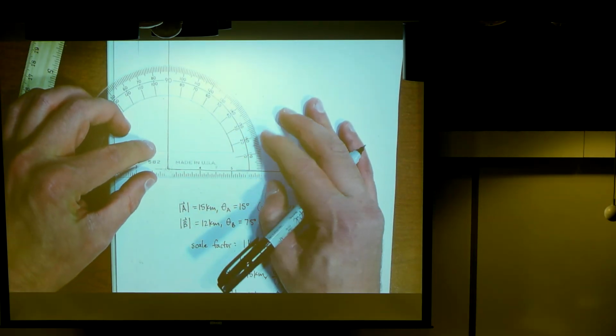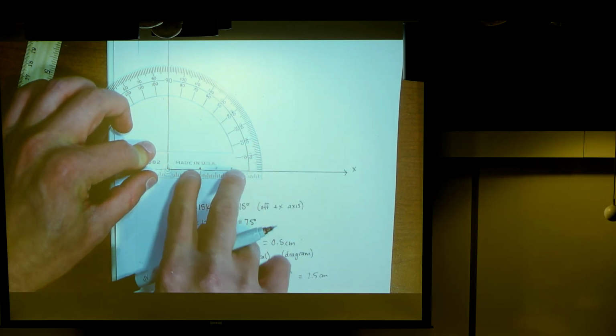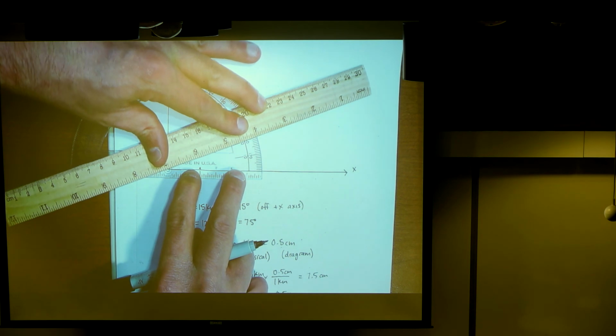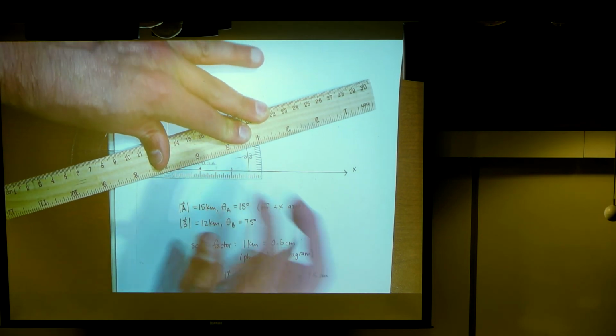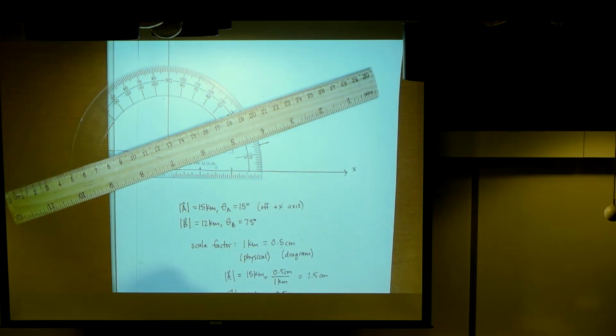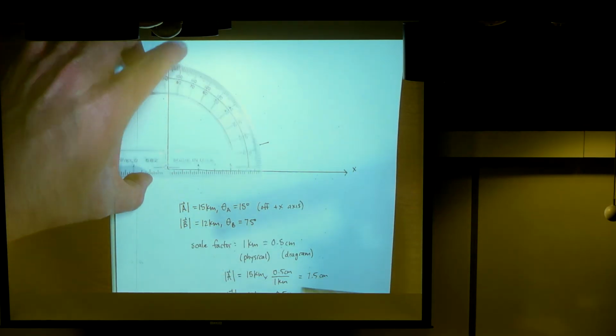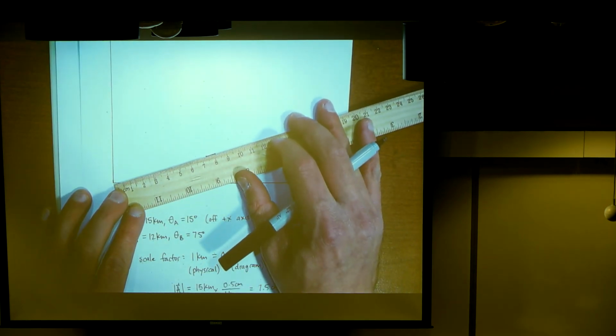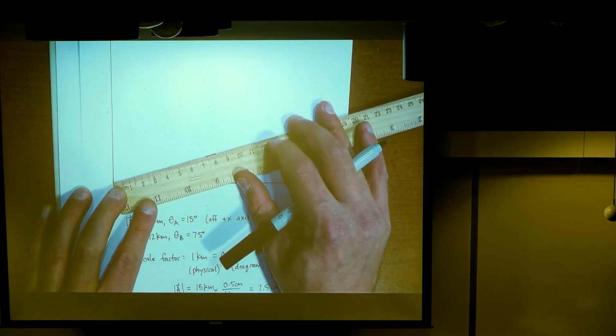So I'm measuring my angle off the x-axis like this. And I want it to be 15 degrees. So that looks to be right about there. Does that look right? So that's the way my vector should be facing. But when I measure its length out, I want it to be 7.5 centimeters.